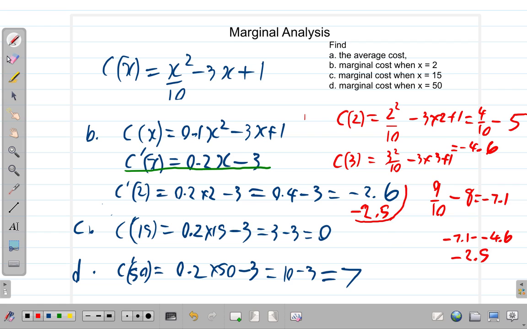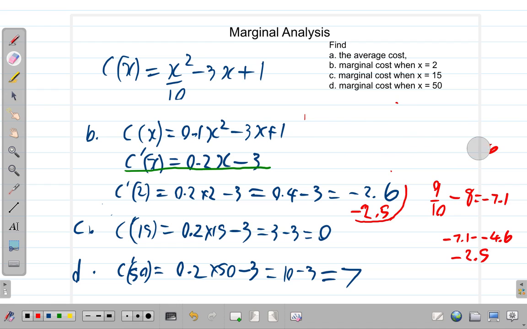Now, later on, we will look at the graph and try to explain the reasons why the difference is like that. Let's calculate the two values now for 15 and 16.